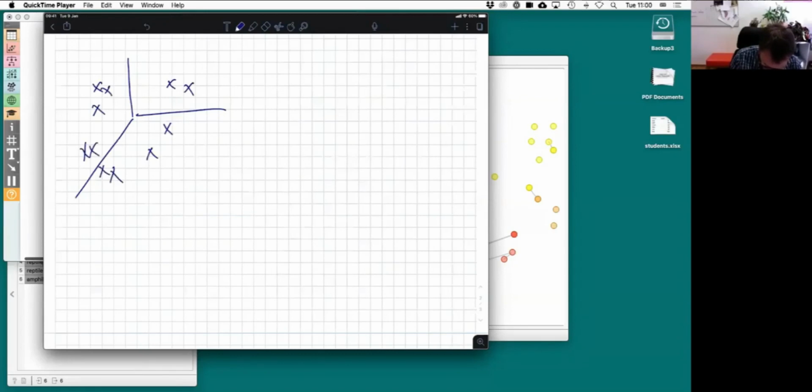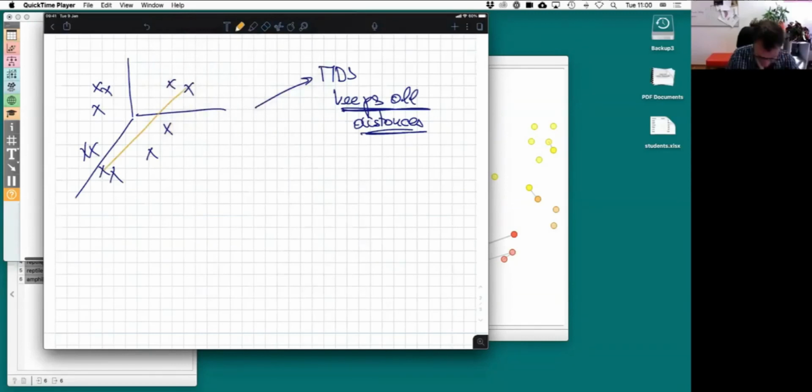The MDS, the multidimensional scaling, keeps all distances, even the distances from here to here. It would try to put these 2 points, which are far away in the original space, far away from each other in the visualization.